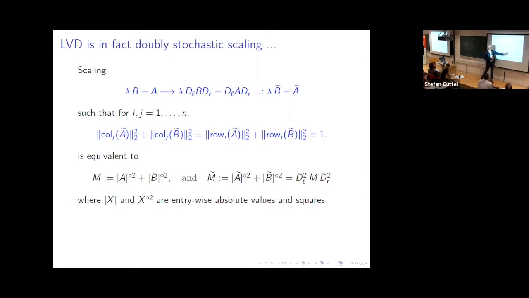And you do that also for the scaled matrices A and B. It turns out that this transformation can be written down as such a transformation. So in fact, what we were doing on this matrix is a two-sided scaling to make it doubly stochastic. And that's a very classical algorithm, which I didn't know about when we wrote that paper. This is the classical problem of taking a non-negative matrix M, and trying to find a two-sided scaling to make it doubly stochastic. That's exactly what these conditions are about.